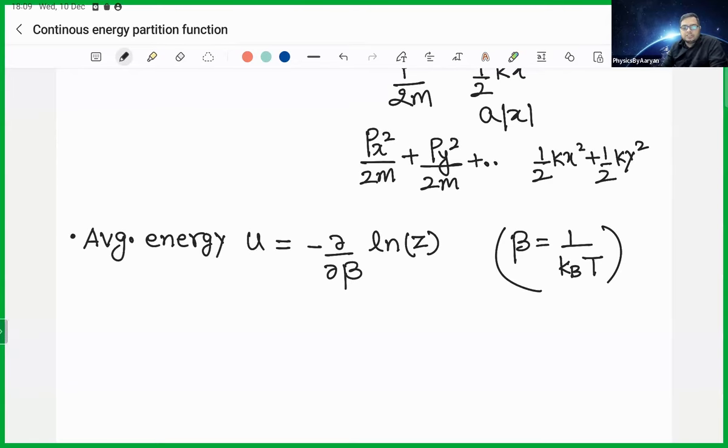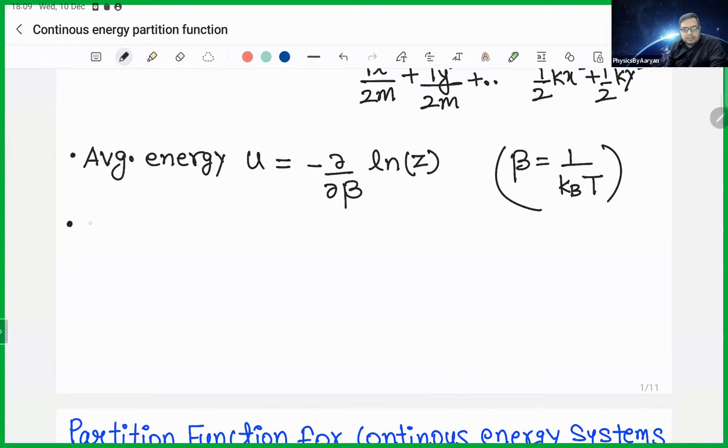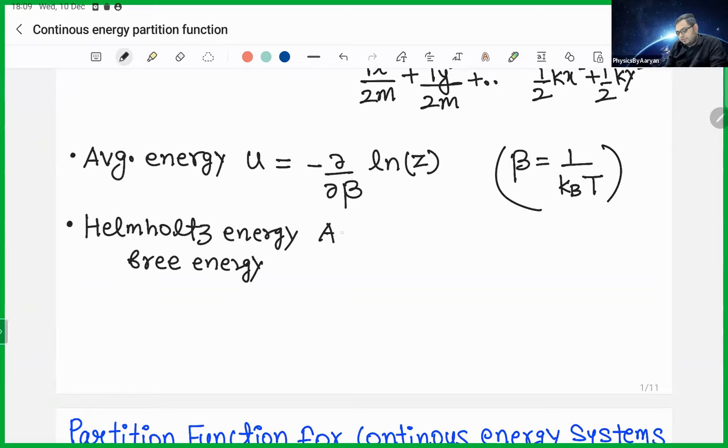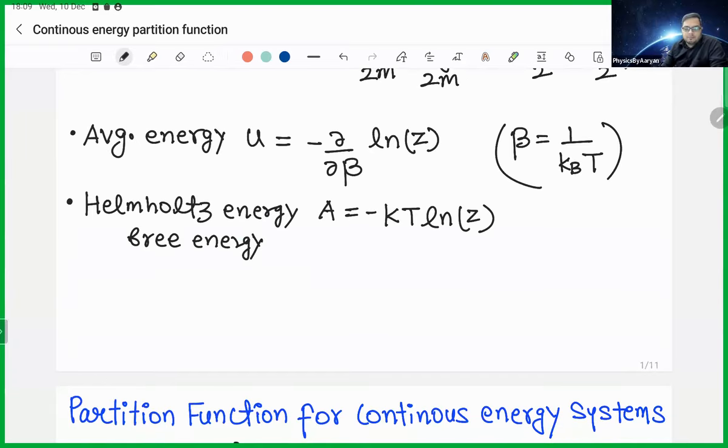Once you have average energy, another physical quantity that you find is known as Helmholtz energy, or A. We also call it free energy. It is given by minus kT into log of Z. Once you have A, you can find all other physical parameters.